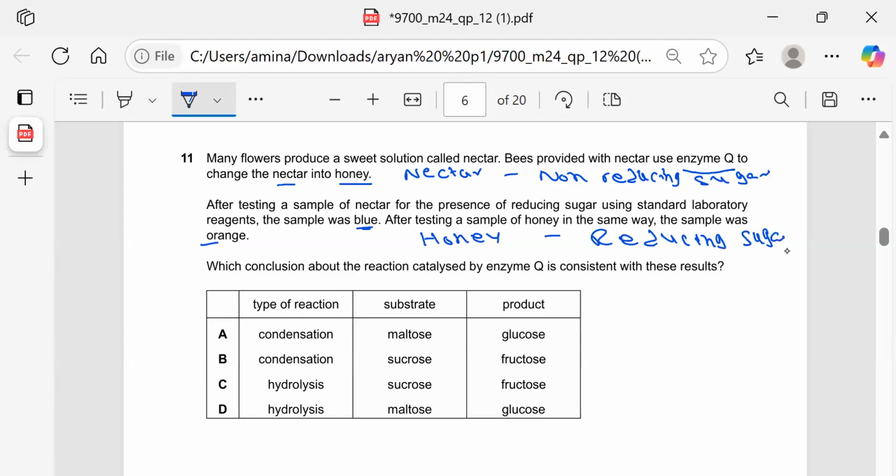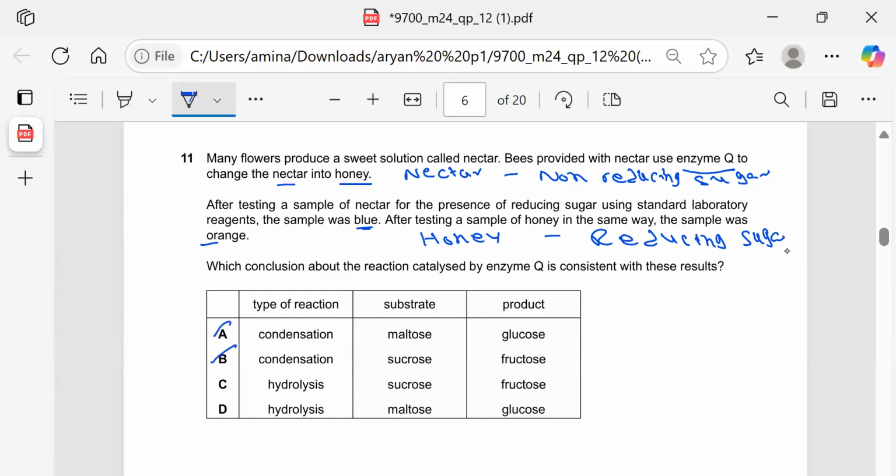Okay, so it means that the sucrose somehow got broken down, and to break down something, we always use hydrolysis. So these choices are completely wrong.